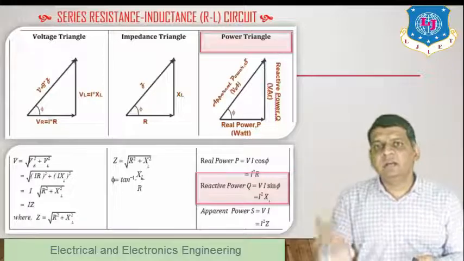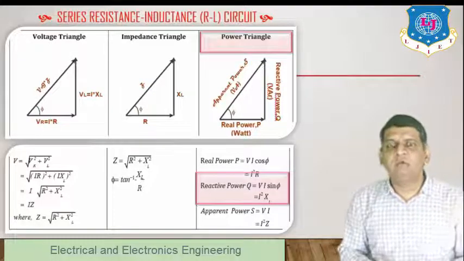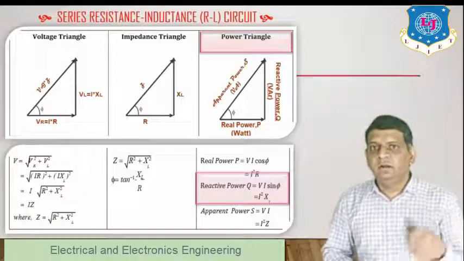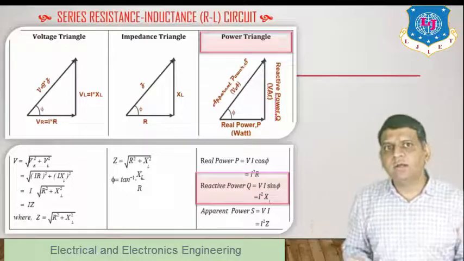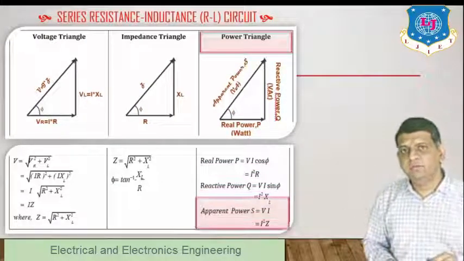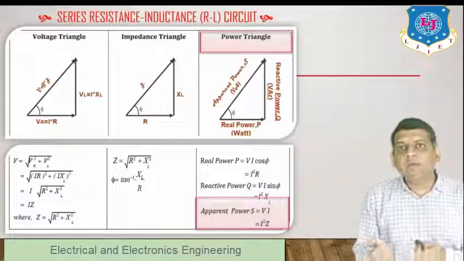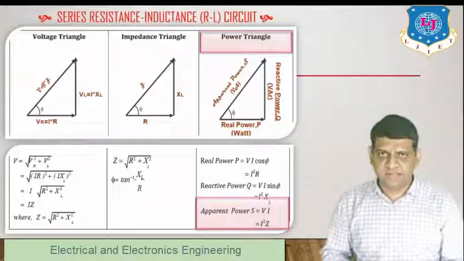So the reactive part is on the y-axis, where Q is equal to VI sin phi, which is equal to I squared into XL. Now the combination of all this is the overall circuit power, which I define as apparent power S is equal to V into I, and if I put V equal to I into Z, then the apparent power S is equal to I squared into Z.